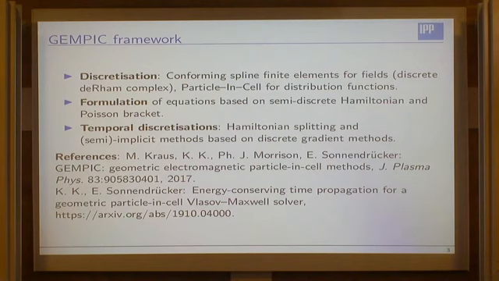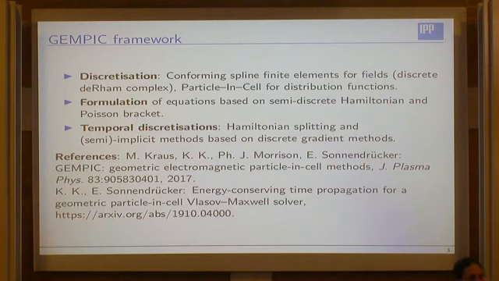And you use just particle-in-cell in space. Then we have formulated the semi-discrete equations of motion by putting these ansatzes into the Poisson bracket and deriving a semi-discrete Poisson bracket that actually still satisfies the Jacobi identity.